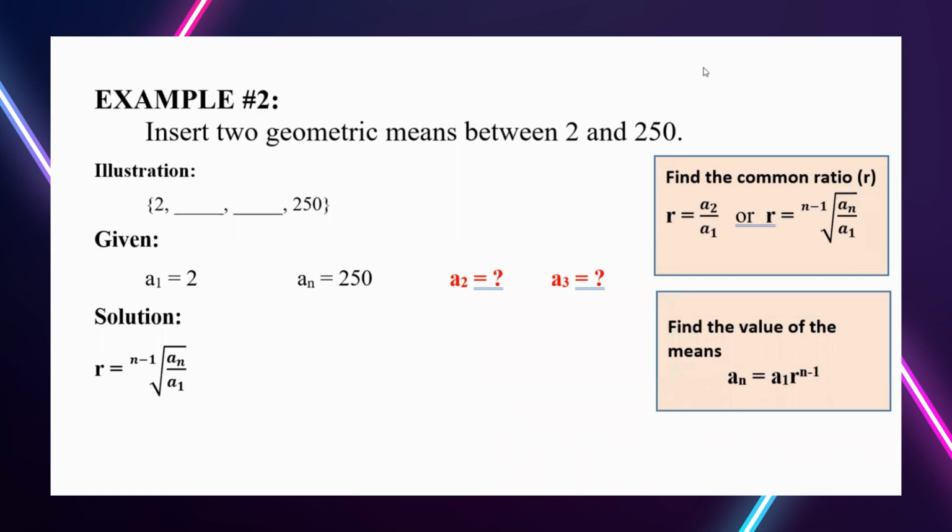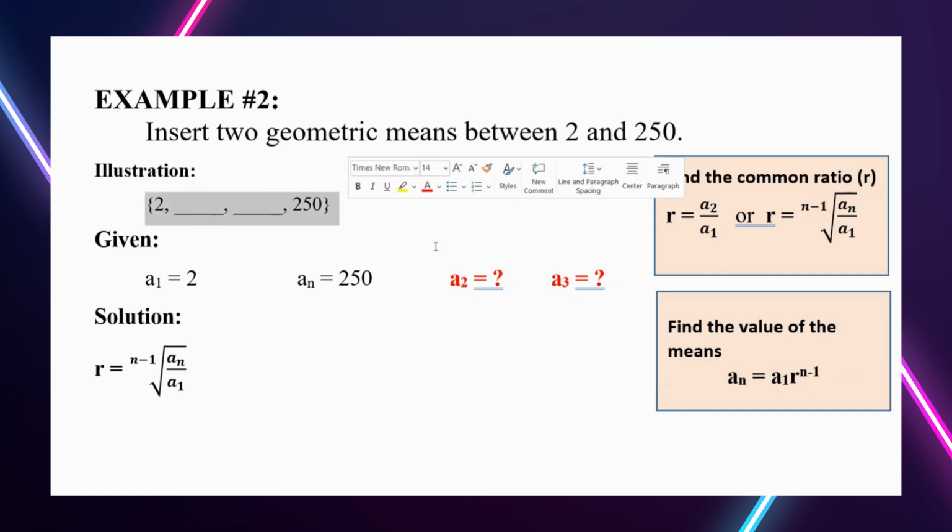This time, pag-aaralan natin ang example number 2. The problem is insert two geometric means between 2 and 250. So ang una natin gagawin katulad kanina is i-figure out muna natin ang given geometric sequence upang maipakita kung ilang means ang hinahanap natin. So through our illustration, we have 2, blank, blank, 250.